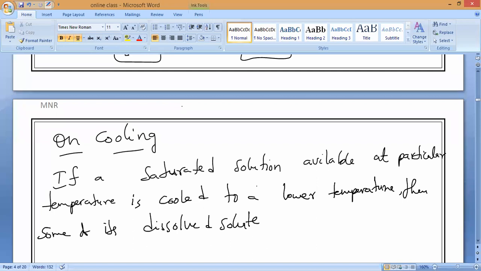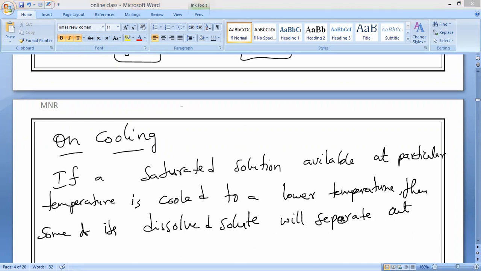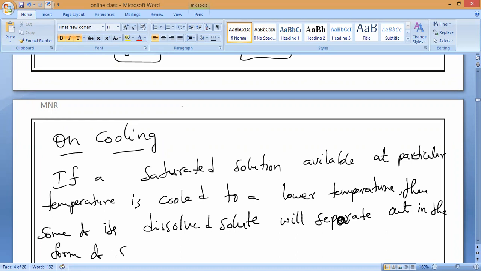Some of its dissolved solute will separate out in the form of solid crystals. Is it okay, everybody?